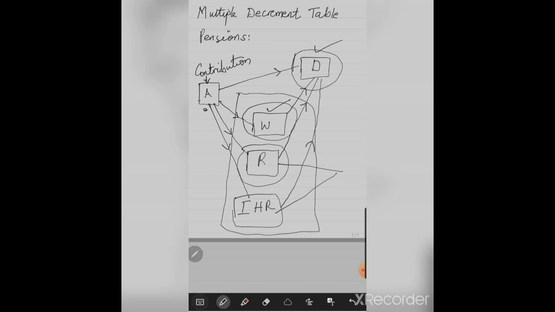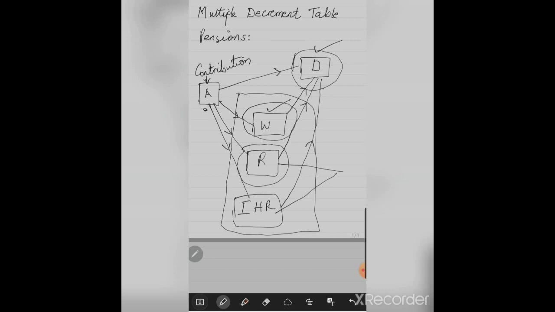So this is where I would like to know at what rate people are moving from one state to the other. This is the kind of table we are trying to make, and this is what we call a multiple decrement table.